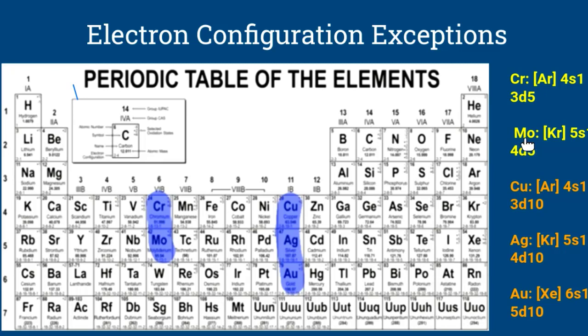The other exceptions are copper, silver, and gold. The same thing happens, except now when the electron from the 4s, 5s, or 6s shell jumps up to the d orbital, it gives copper, silver, and gold fully filled d orbitals.